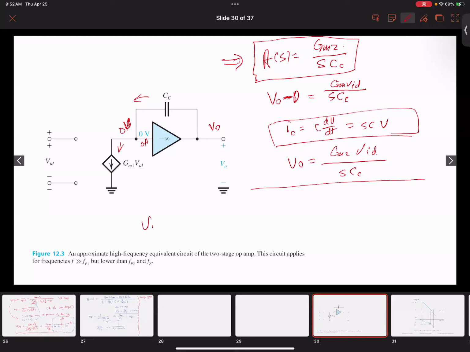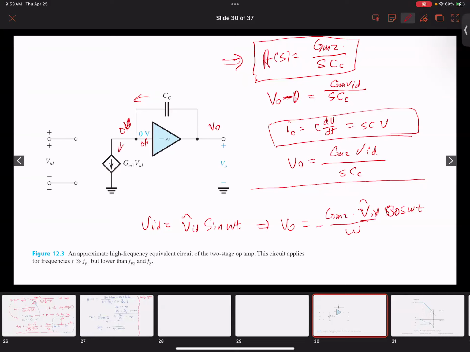So if your input VID, let's say is VID maximum times sine omega t, so your output VO will become GM2 times VID hat times cosine omega t divided by omega.